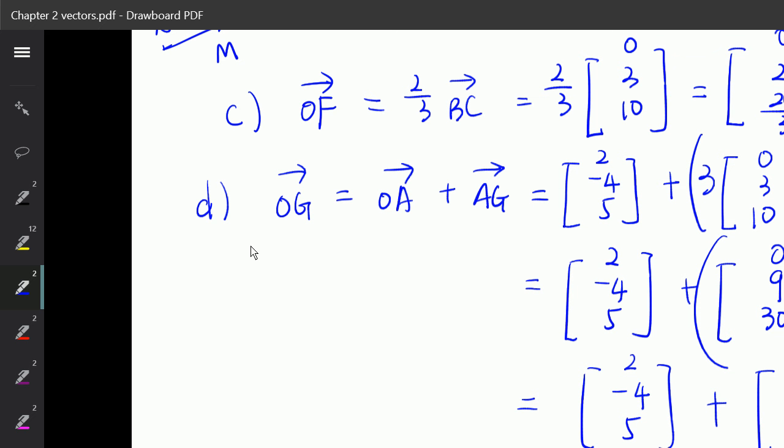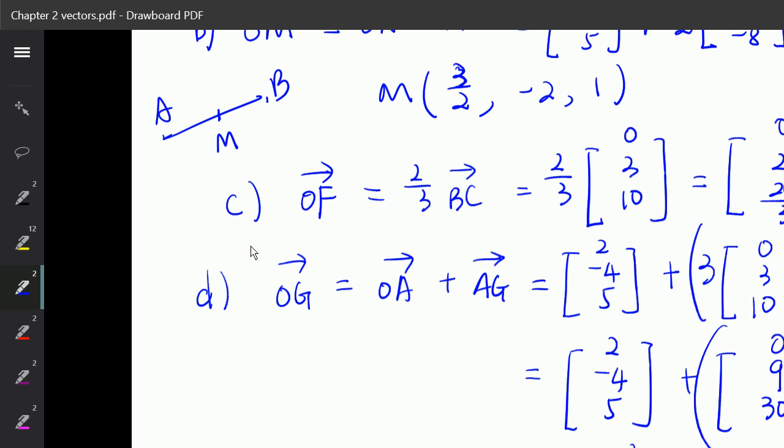Then 2 plus 1 is 3, 1, and 43. Hopefully I don't have any calculation errors here. If you just follow the calculation, it should be something similar to this. So the point G is the coordinates we get.